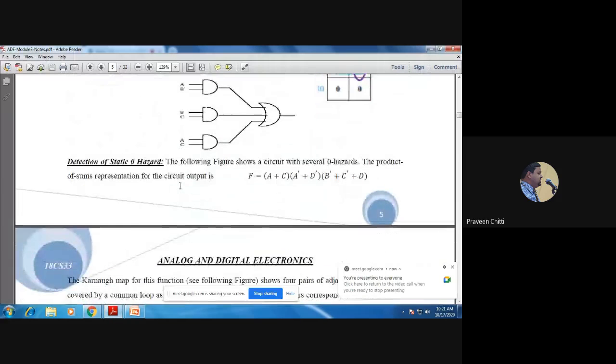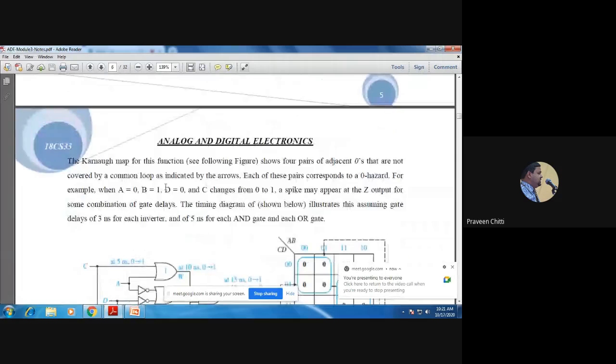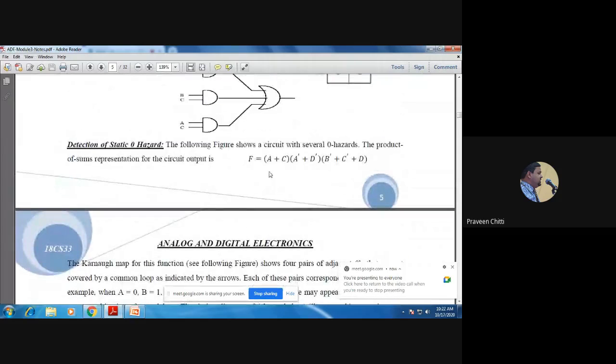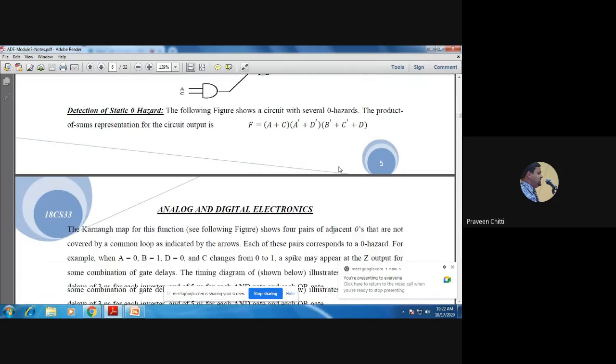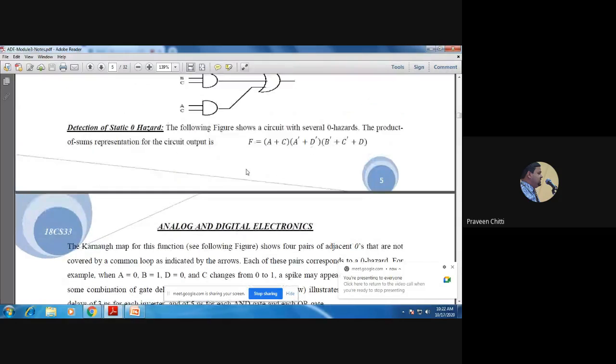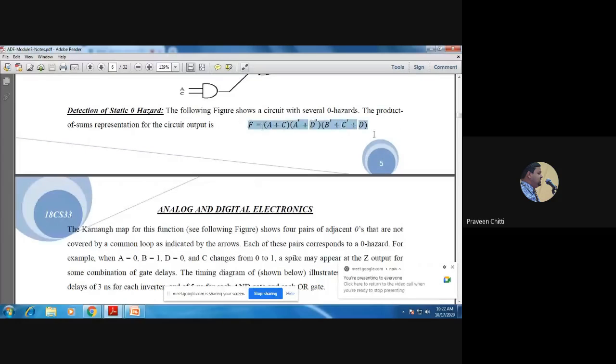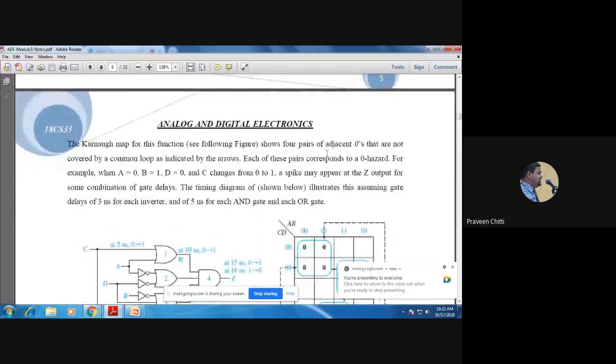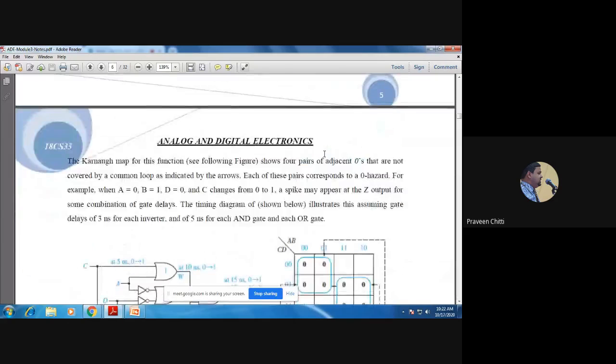You can just go through this, right? One example I have taken: F equals (A plus C)(A bar plus D bar)(B bar plus C bar plus D). And it can be shown that this has a static 0 hazard. So how do you detect that there exists a static 0 hazard? Whatever expression is given to you, map it into a K-map. So I will map this into the K-map.